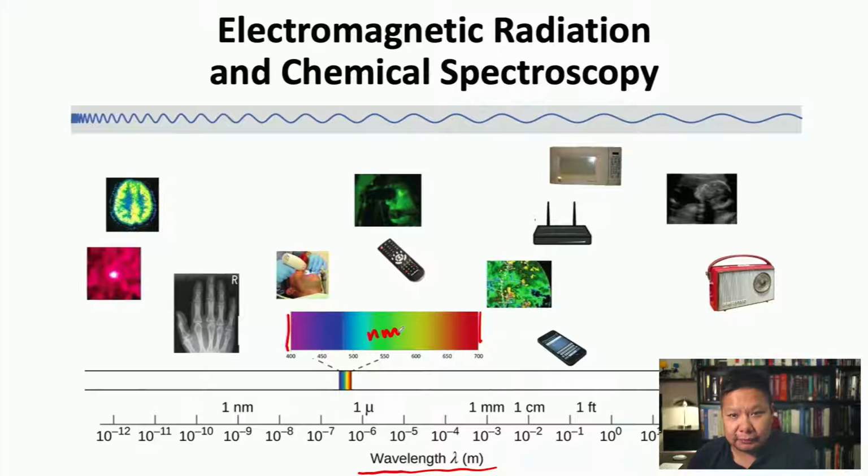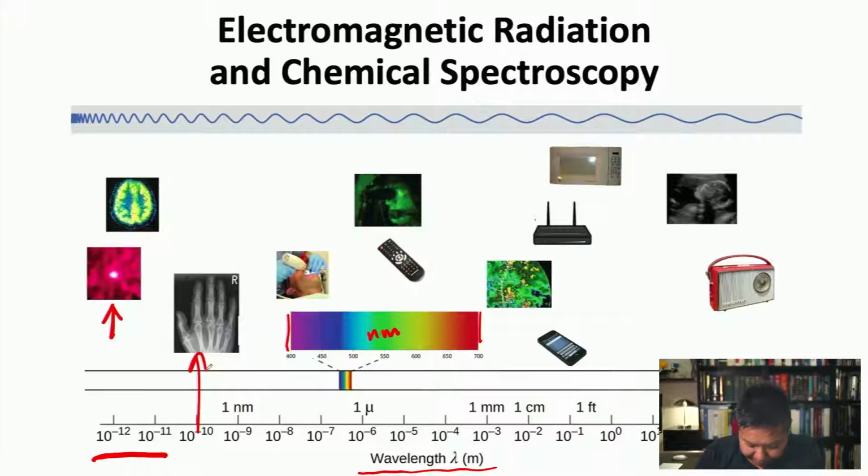So is UV, okay? But you can see here how all the way up here, the smaller the wavelength is, the stronger it is. Because here we have gamma rays, right, coming from a star. And then we have X-rays here, doing an X-ray.